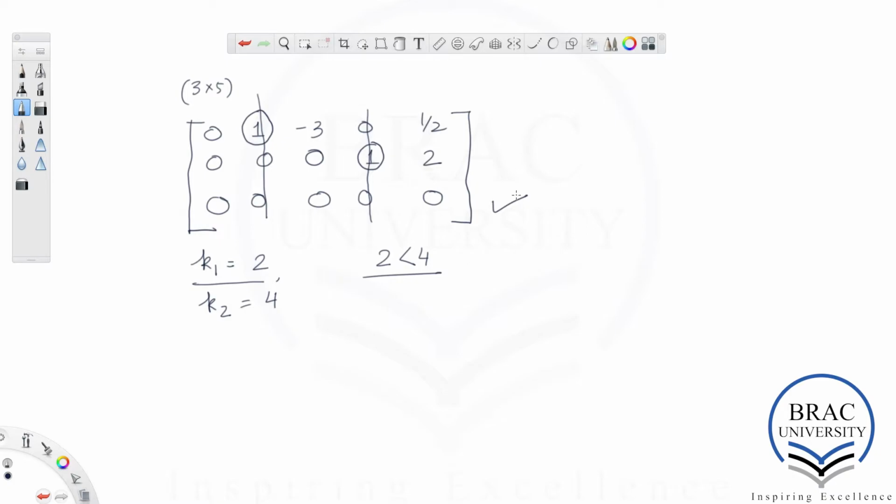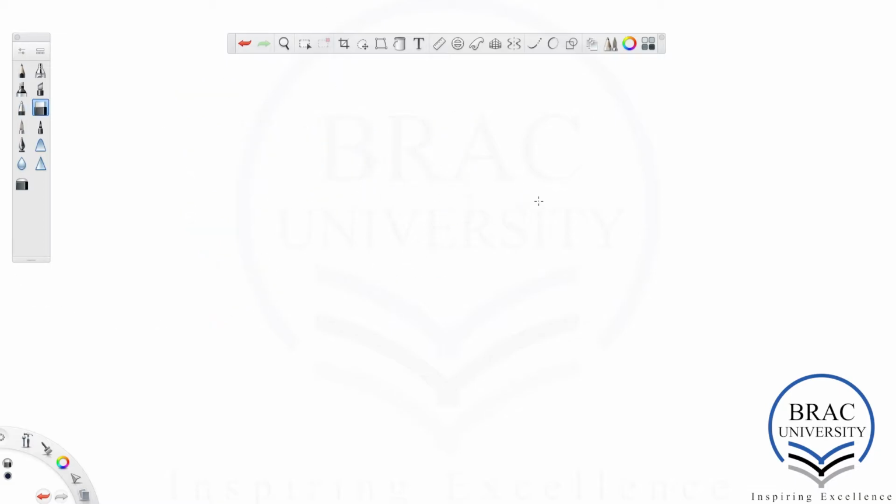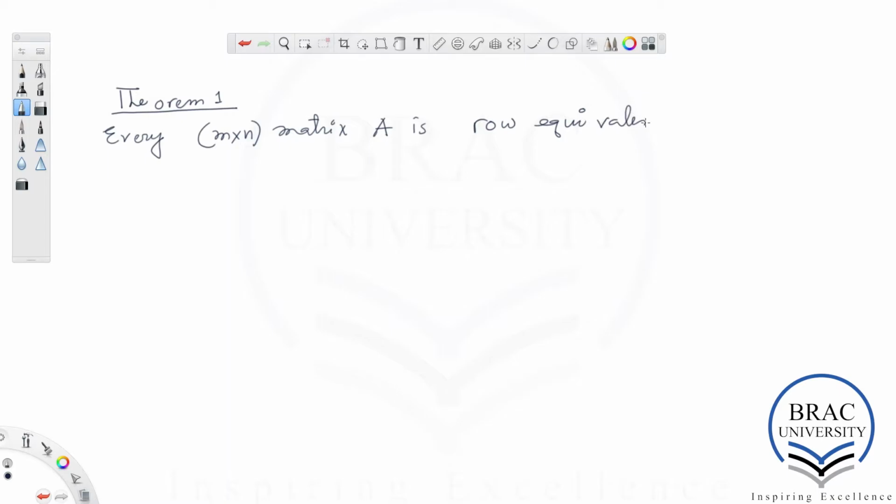Okay, good. So now we have our first theorem of this lecture. Theorem 1, which tells us that every m times n matrix A is row equivalent to a row reduced echelon matrix.